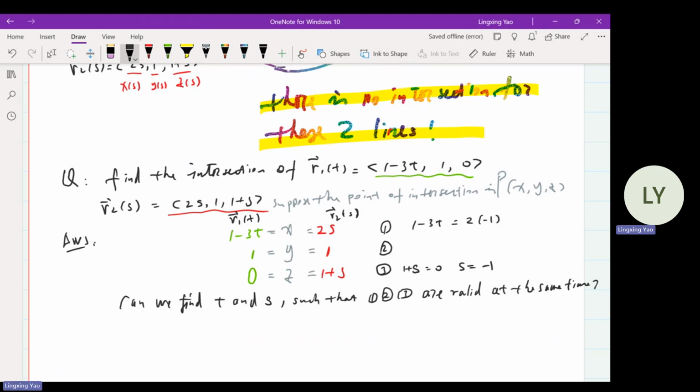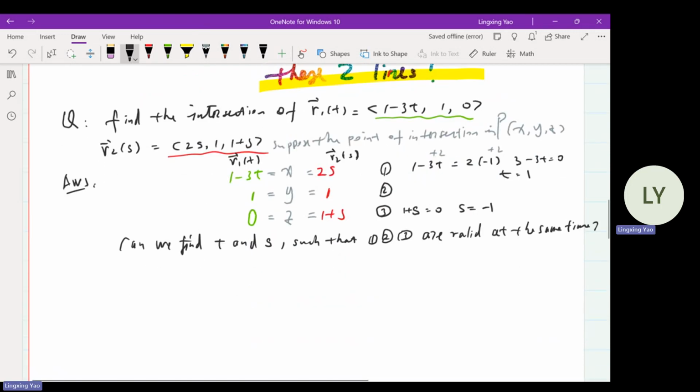So we got, now we can add a 2 to both sides, because the right hand side is -2, and then adding 2, it becomes 0, and then we got 3 minus 3t equals 0, so t equals 1 then.